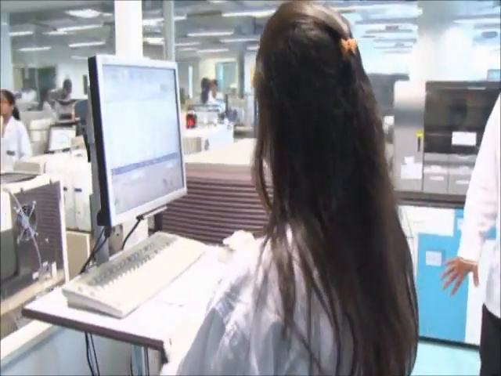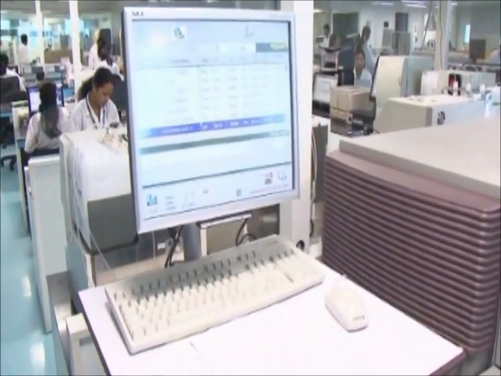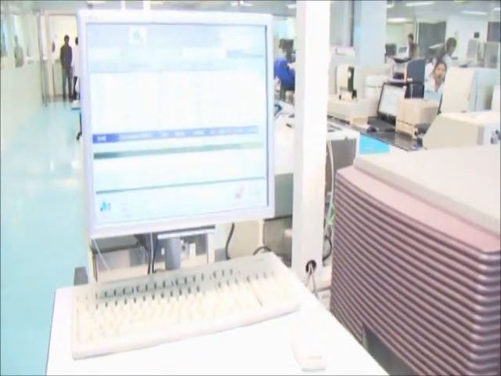This is the blood coagulation section. Here we have a fully automated coagulation system from Stago.